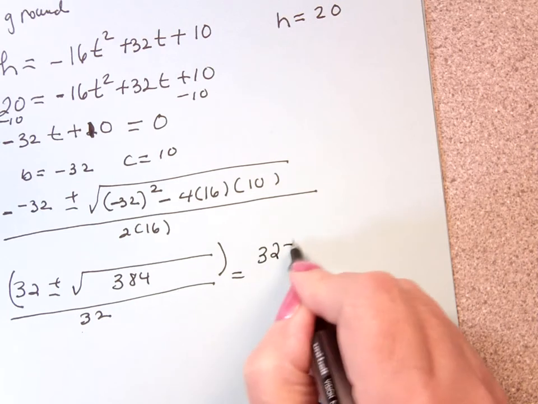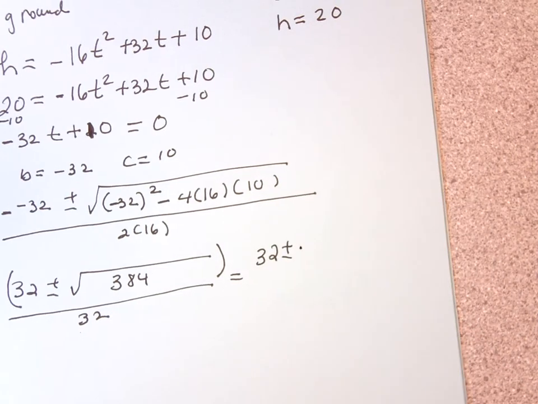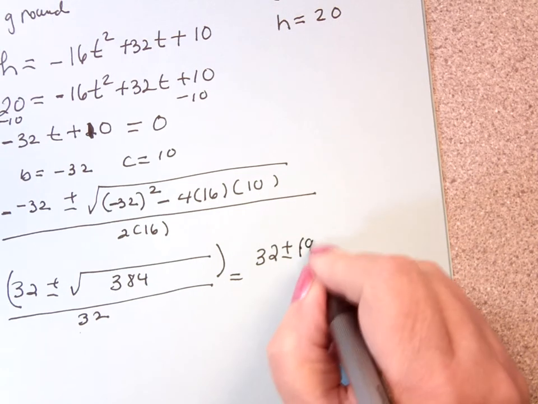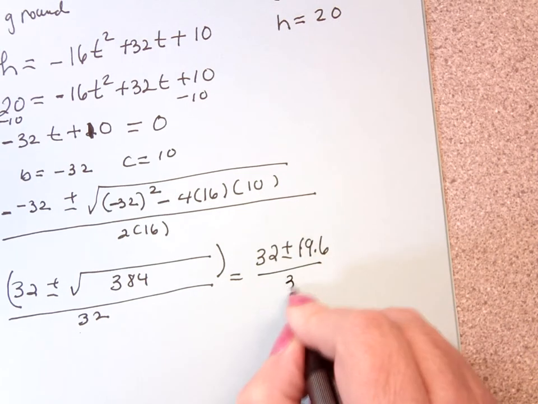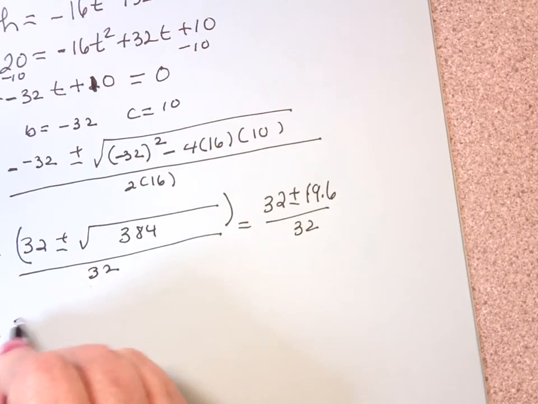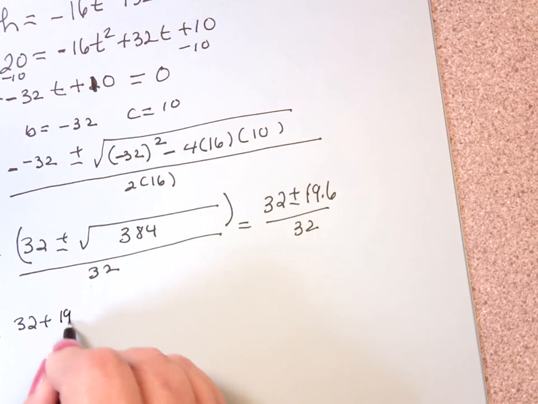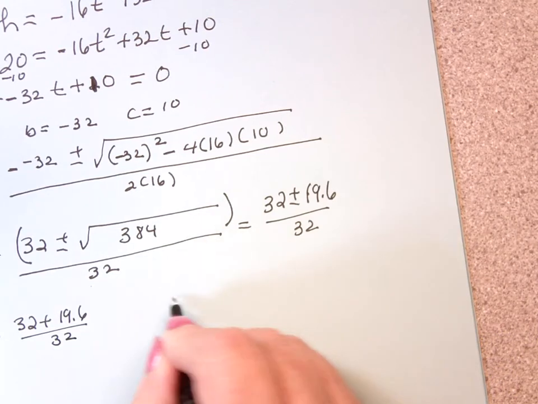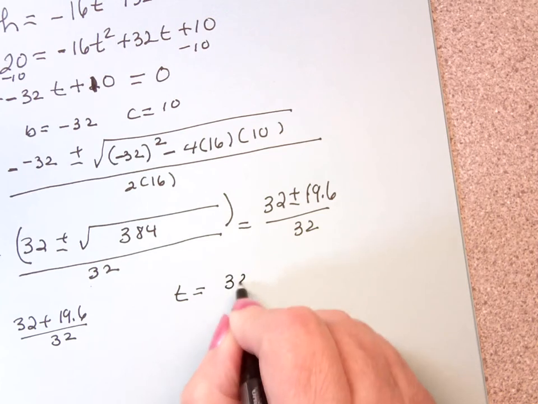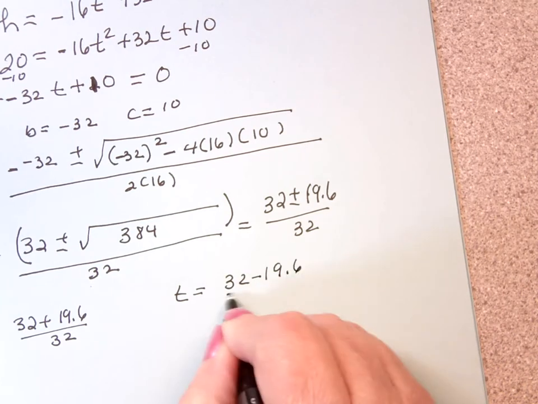And so this is going to become 32 plus or minus the square root of 384, which is 19.6, all over 32. So that t is 32 plus 19.6 over 32, and t is 32 minus 19.6 over 32.